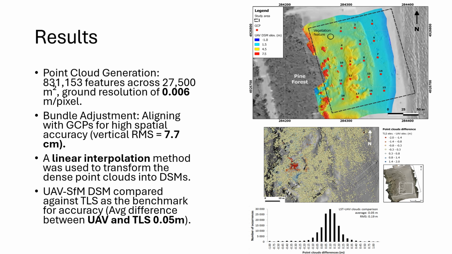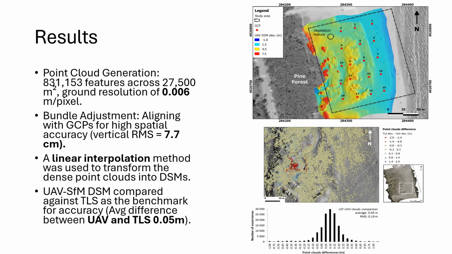However, some discrepancies appeared in areas with sharp topographic changes, and the study found that the issues were likely due to limitations in TLS data capture rather than the UAV SFM model.